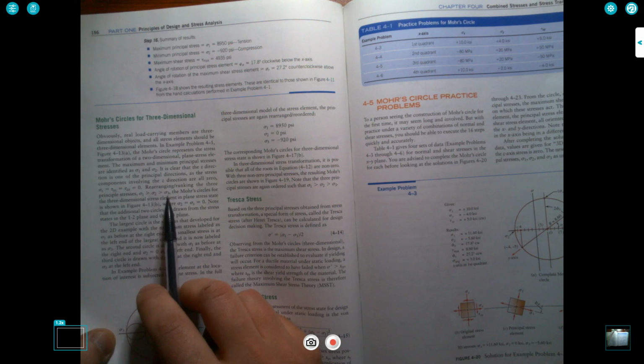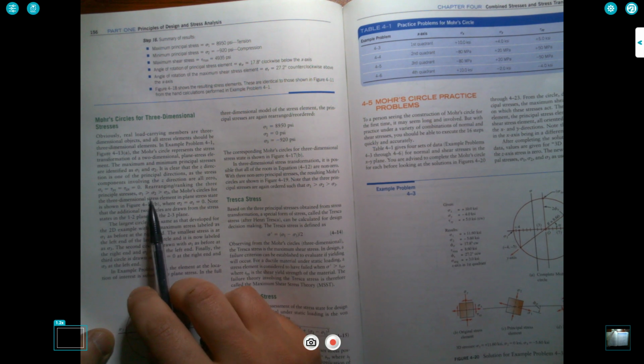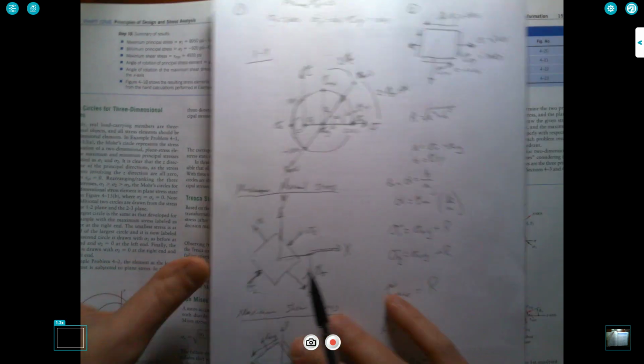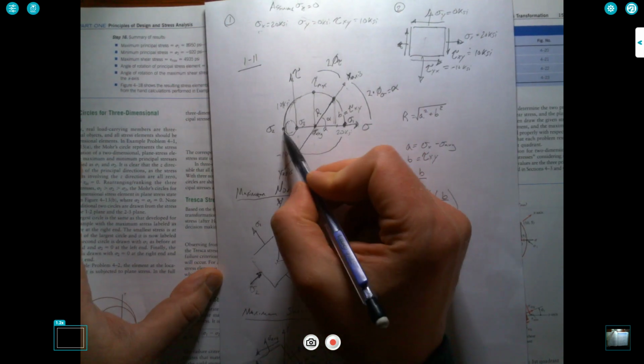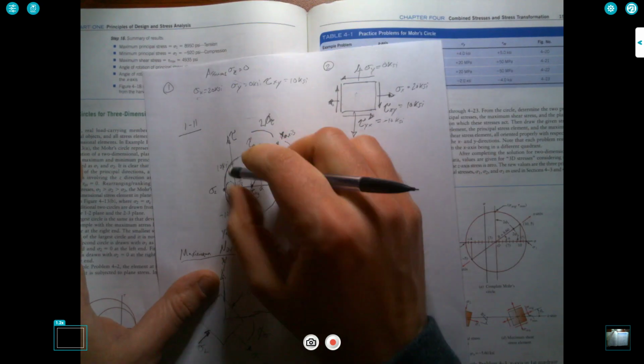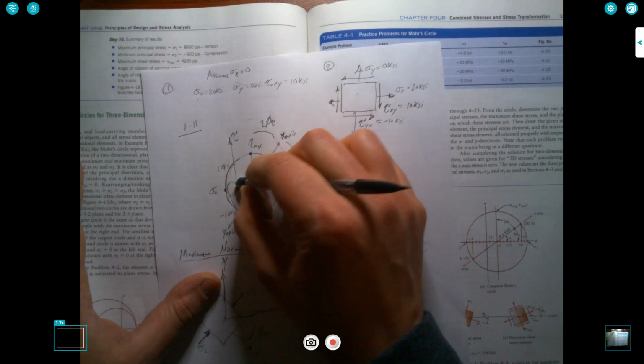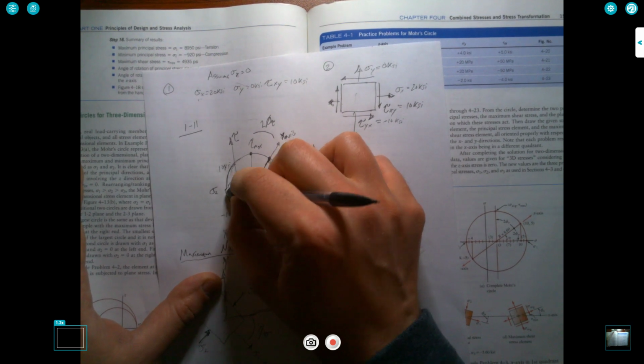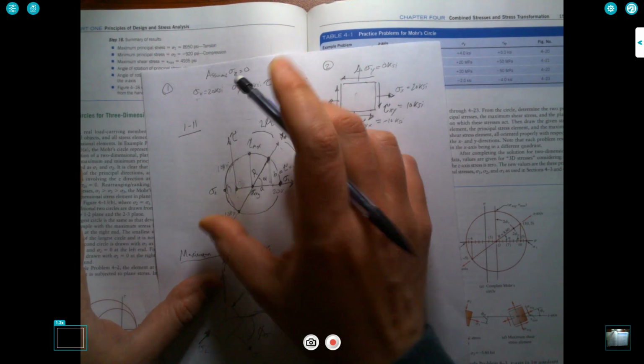Sigma 1 is the highest, sigma 3 is the smallest, sigma 2 is the middle. So if we were to really change this to add that third circle, we would have to change sigma 2 and sigma 3. We won't necessarily do that for this problem, since we're not going to show this in 3 dimensions here.